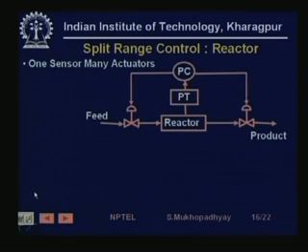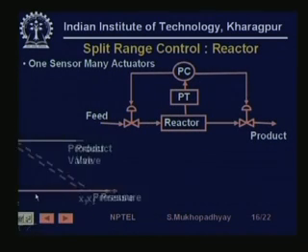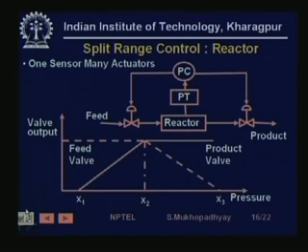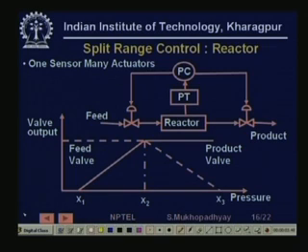Here is another example, for a reactor, which is very similar. Here you want to control the pressure in the reactor. The pressure in the reactor could be affected either by controlling the feed rate or by controlling the product outflow rate.